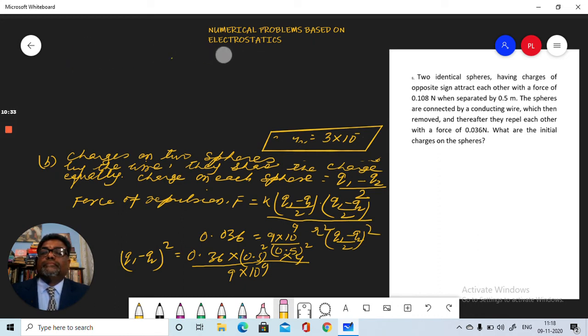From this assumption you can have Q1 minus Q2 equals 2 into 10 raised to the power minus 6.